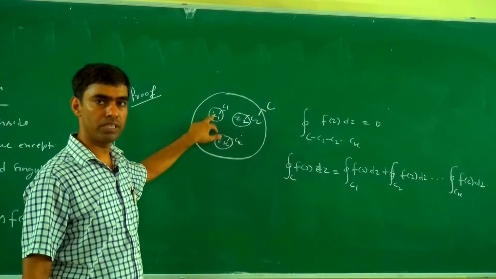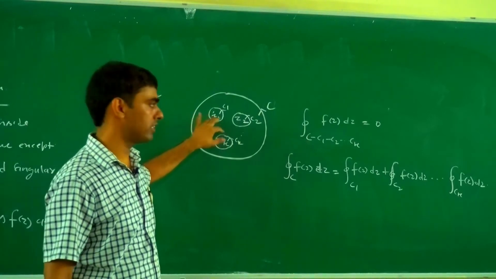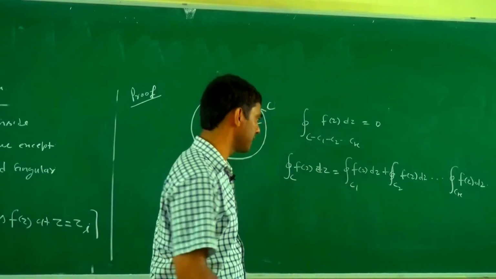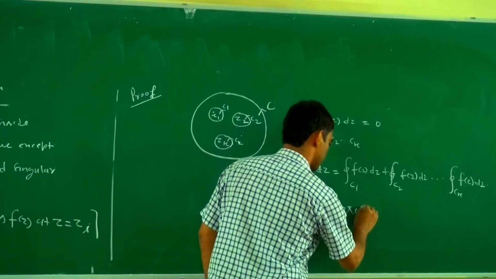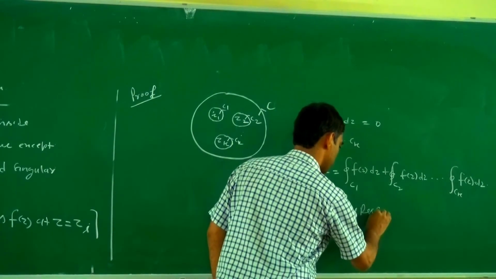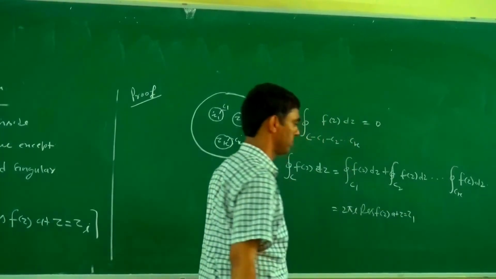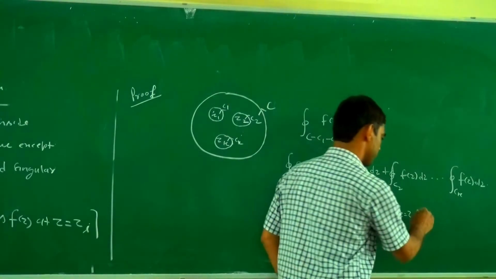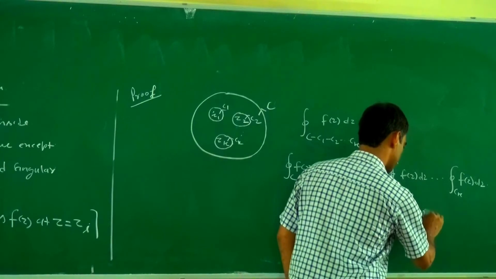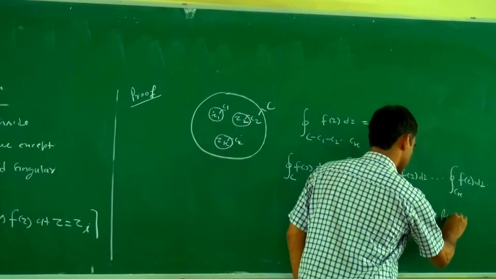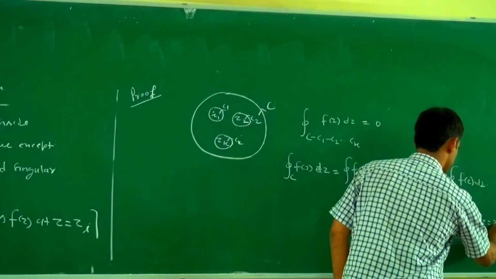Then we are able to find the residue, and using the definition of a residue, the value of this integration is 2 pi i residue of f(z) at z equals z1, plus 2 pi i residue of f(z) at z equals z2.